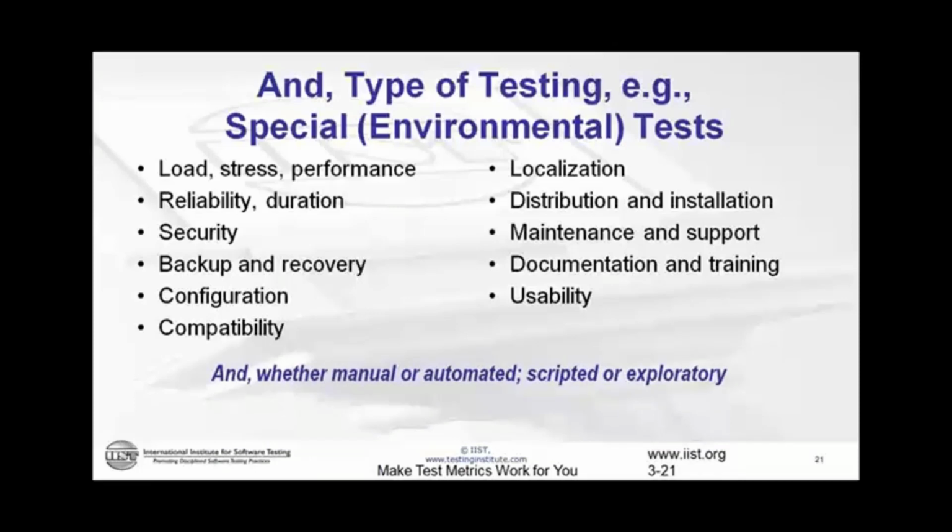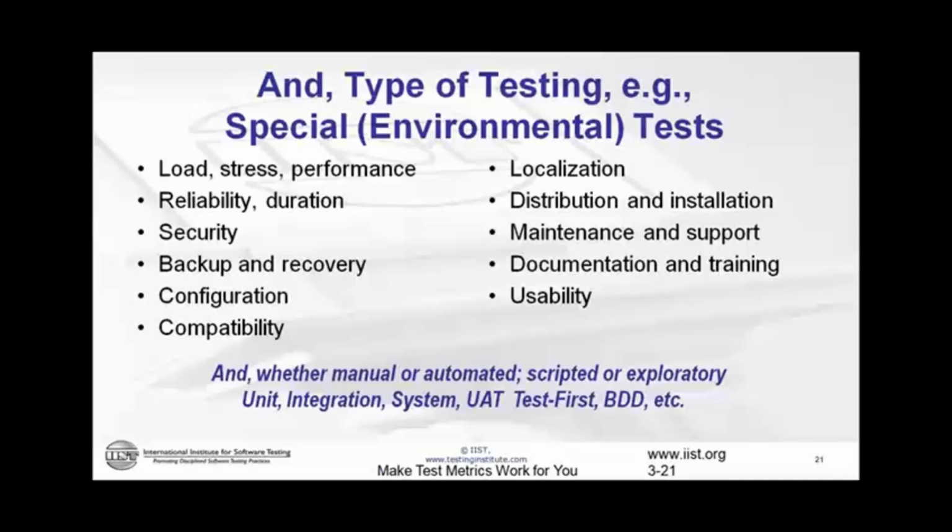Okay. Are these manual or automated tests scripted or exploratory? People sometimes just arbitrarily assume that exploratory tests are superior to others. Okay, that's not necessarily something that the objective measurements might back up.